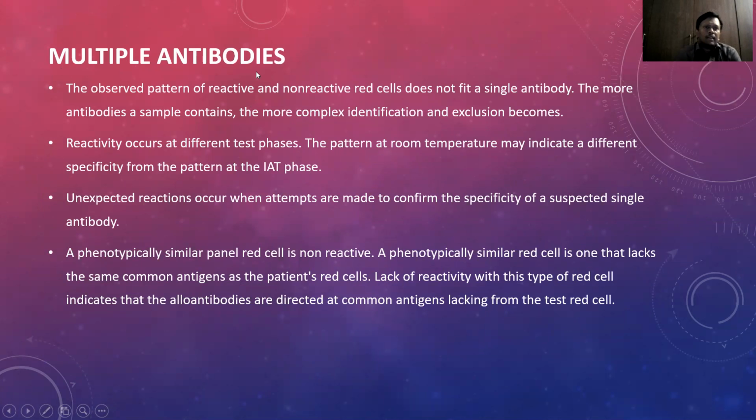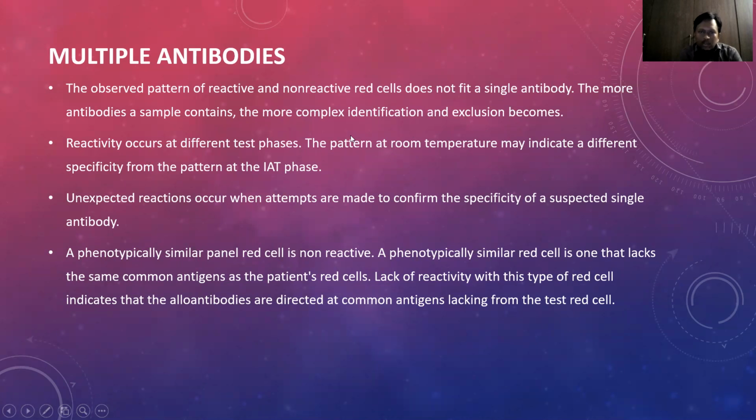Coming first to multiple antibodies, we see the observed pattern of reactive and non-reactive red cells does not fit a single antibody. The more antibodies a sample contains, the more complex the identification, and exclusion becomes a little difficult. The second important thing is that reactivity will occur at different test phases.